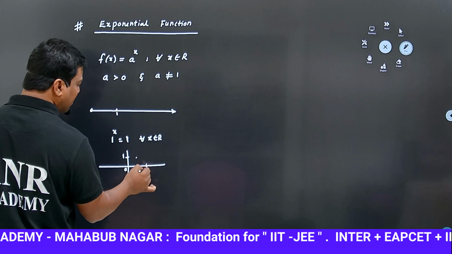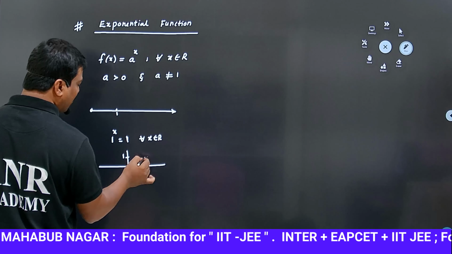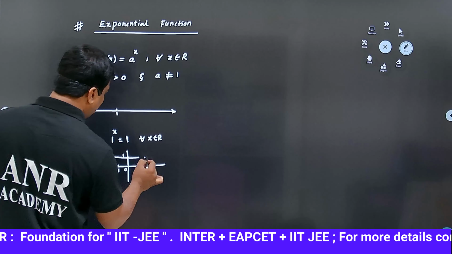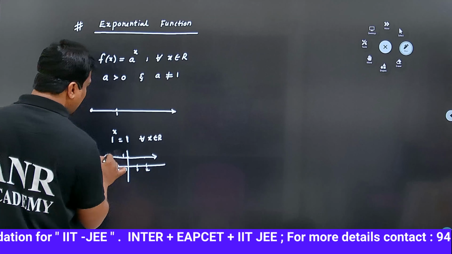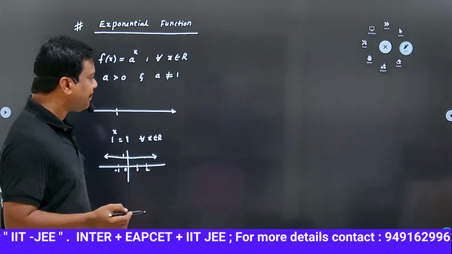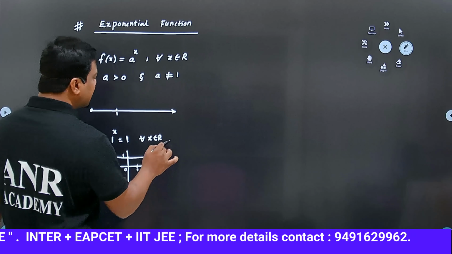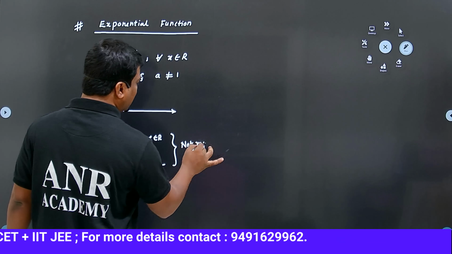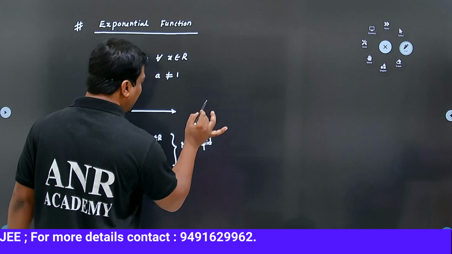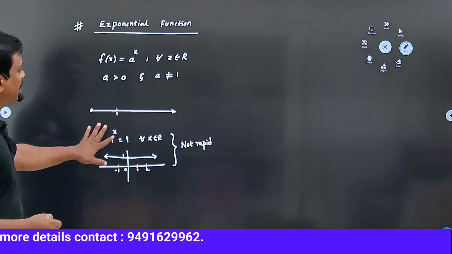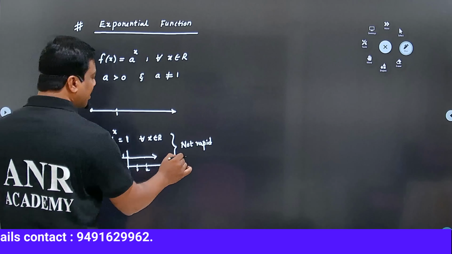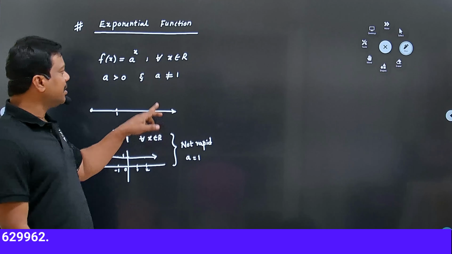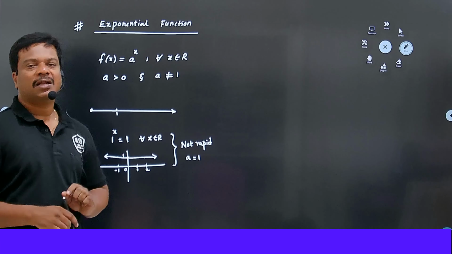If you put x value 2, 1 power 2, again 1. If you put minus 1, also 1. So the graph is consistently getting output 1, so that it is not rapid. There is no rapid growth or rapid decrease, so it is not an exponential when you select base a equal to 1. So due to that reason you have to select a not equal to 1.